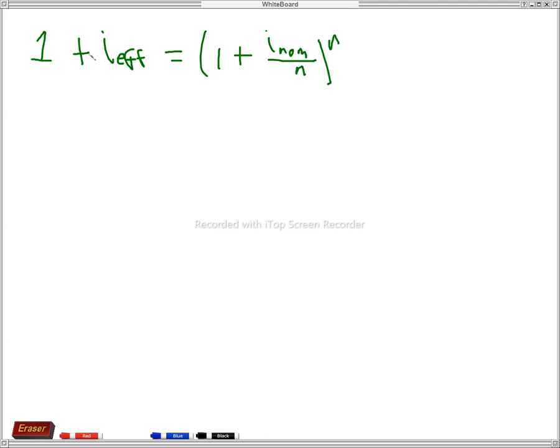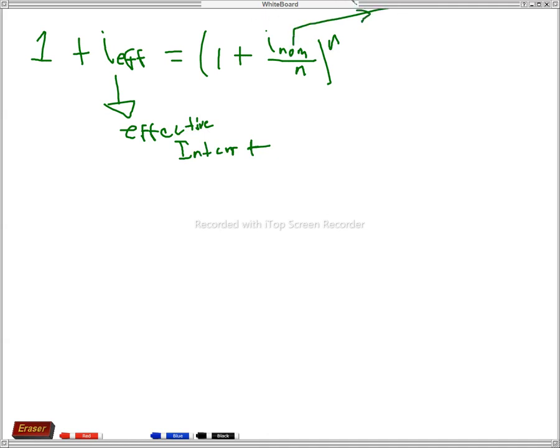In this case, this symbol here represents the effective interest rate. Sorry for not writing it in full. I believe that you can hear me very well.